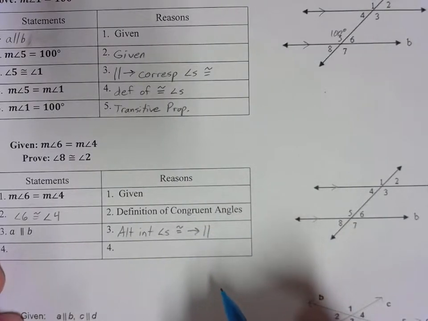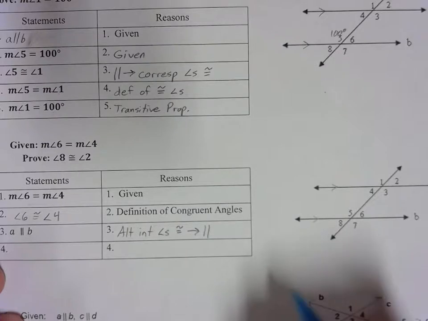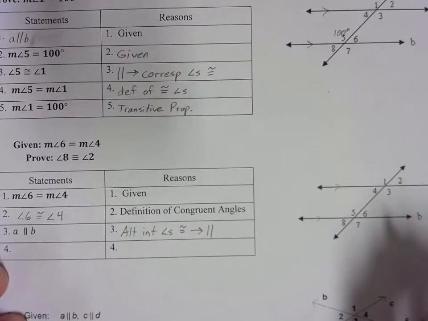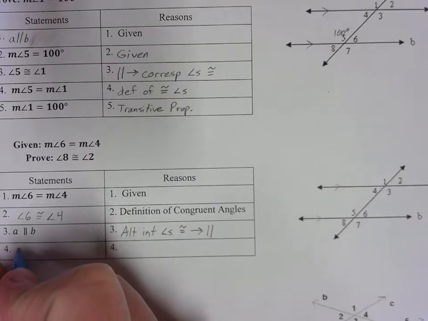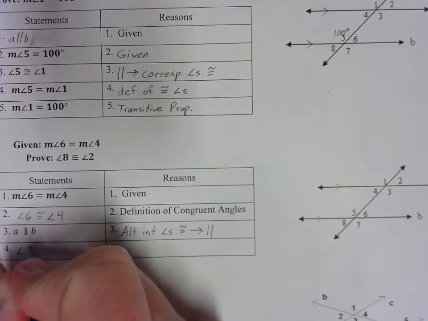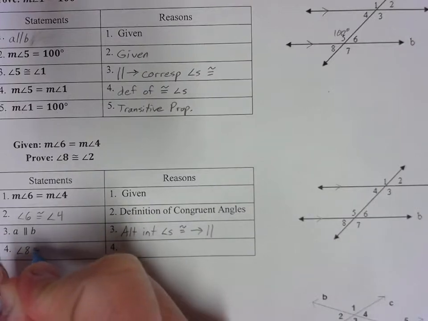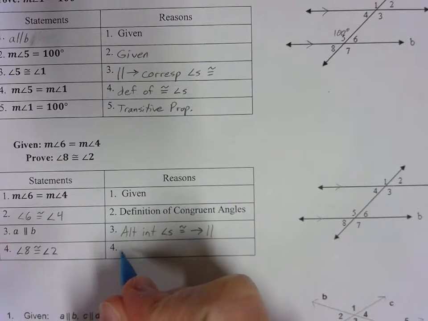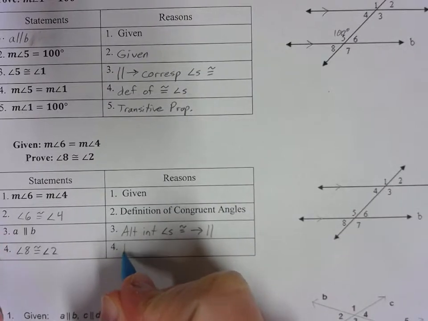And if the lines are parallel, that means angles 8 and 2 are congruent to each other. Those are alternate exterior angles. So I'm trying to prove, so that's my last step, angle 8 is congruent to angle 2. And I already know in step 3 that the lines are parallel.